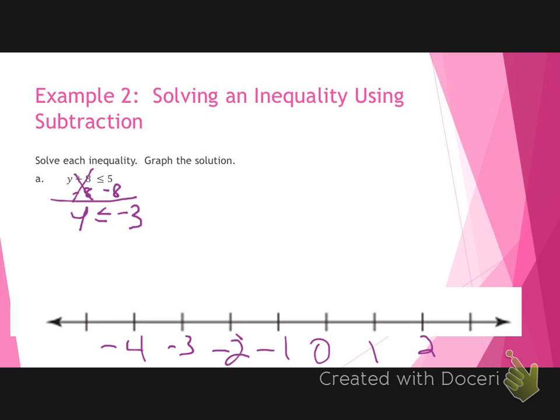So I'm going to put the dot at negative 3. Okay, now we've got to decide. y is less than negative 3. See, if I put in negative 4 is less than or equal to negative 3, that's true, but if I put in negative 2 is less than or equal to negative 3, that's not true. So we know that the arrow needs to go this way.